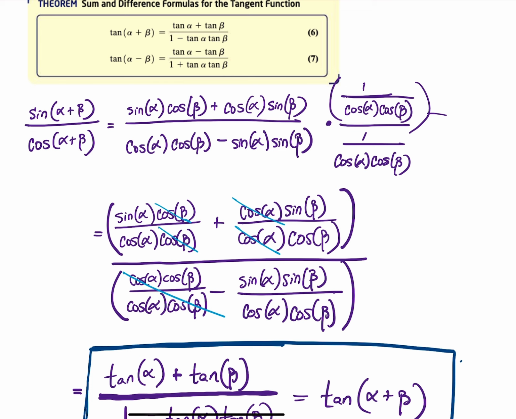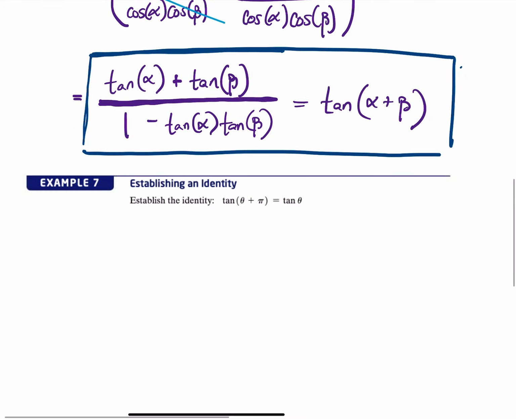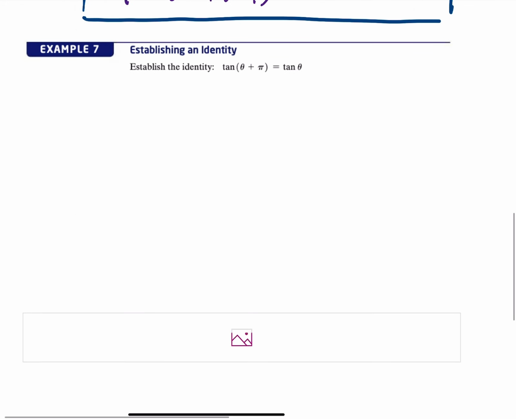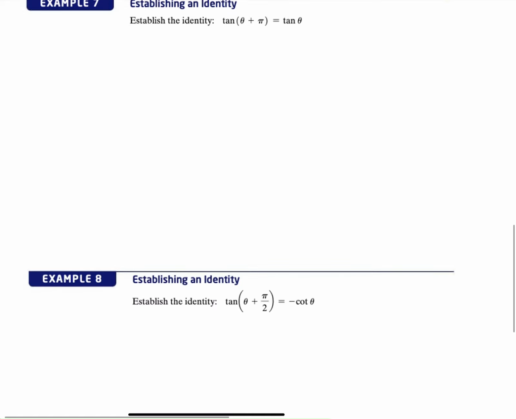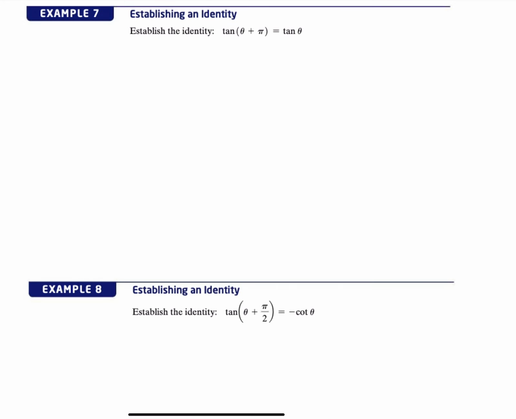So let's practice using these in a few examples. It's having us establish a few identities here. It's saying, establish this identity that the tangent of theta plus pi is just equal to the tangent of theta.